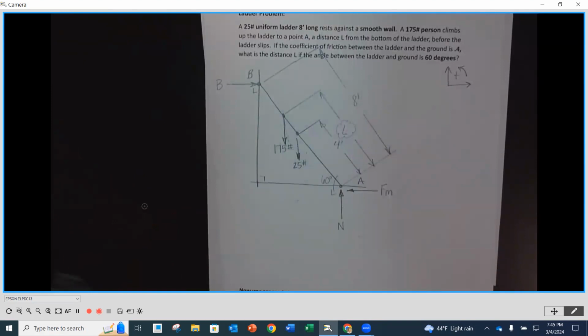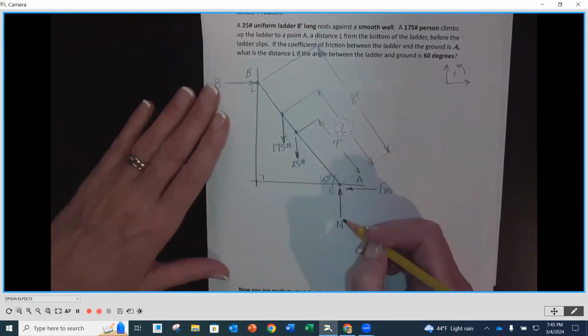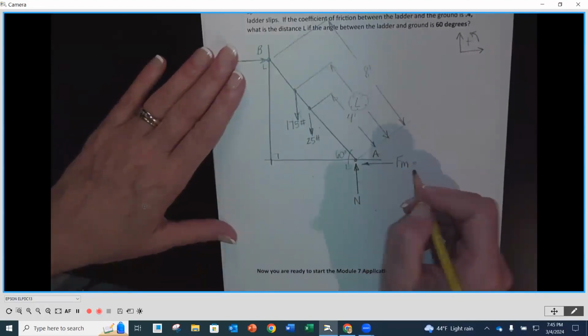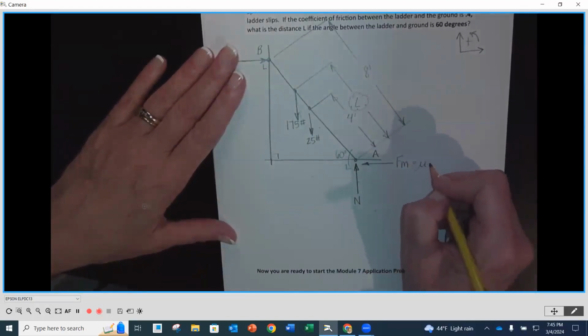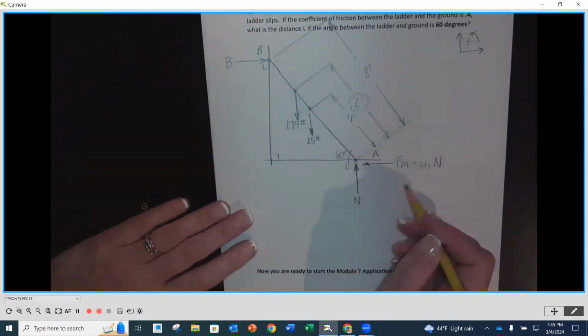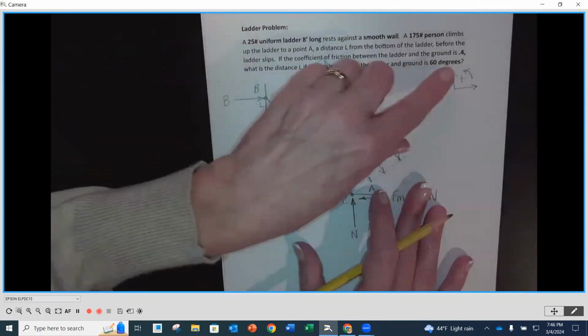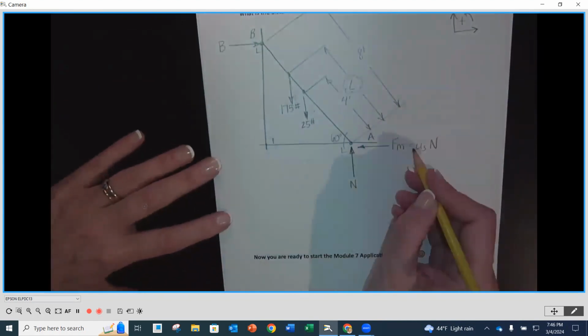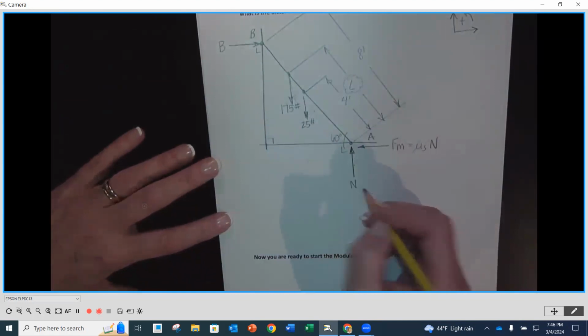There's only one unknown in the y, which is our normal force. We know that our maximum friction force is going to be the static coefficient times that normal. It tells us it's a 0.4 coefficient of friction with the ground. So let's determine what our N is.